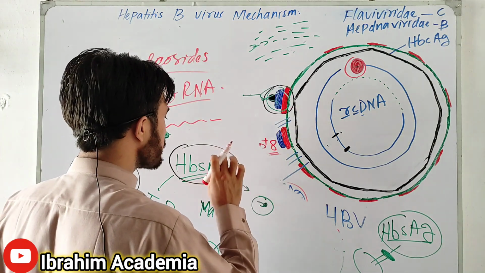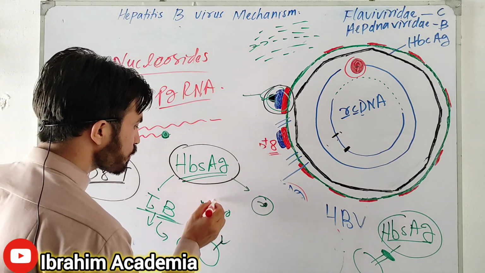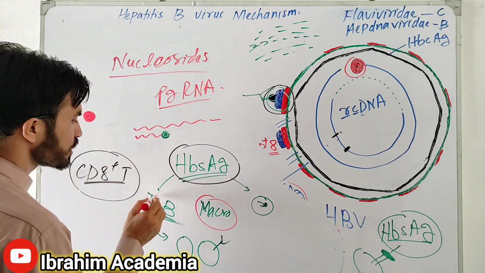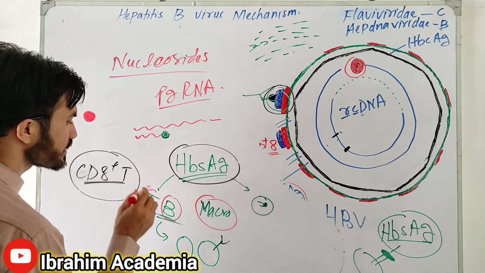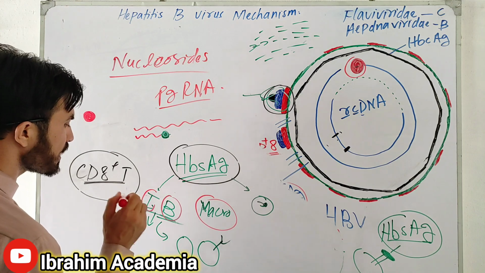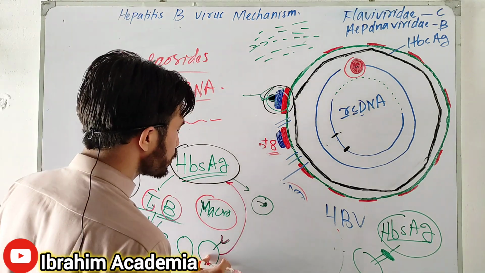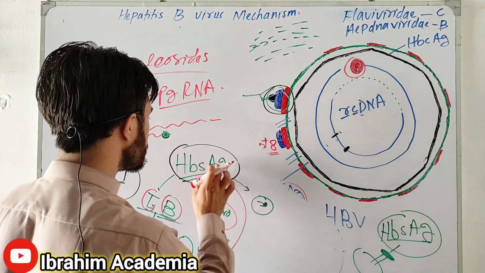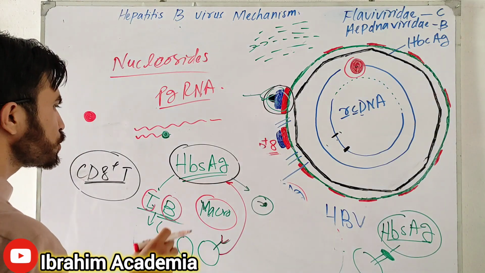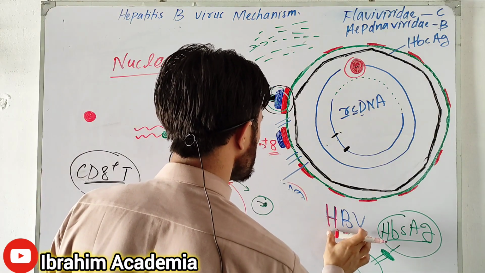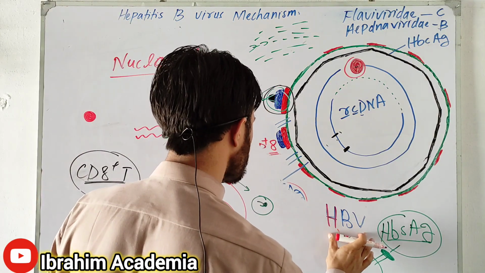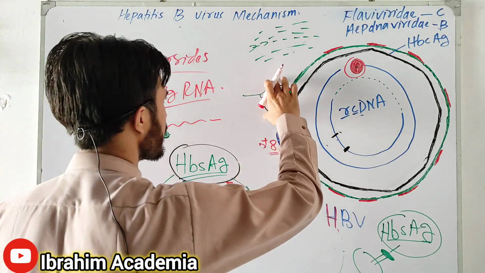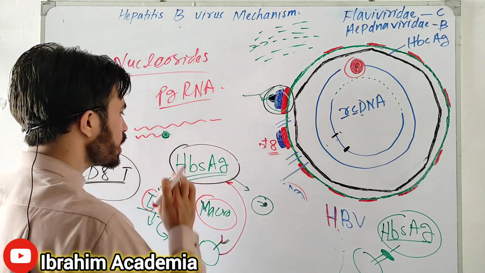When those vaccines are administered in babies, the macrophages present that vaccine to the T cells and B cells. The B cells and T cells form memory cells and antibodies, and those antibodies are very special against the agglutination of these kinds of antigens. After that childhood period, whenever there is an entry of HBV, the virus already has surface HBsAg antigen.